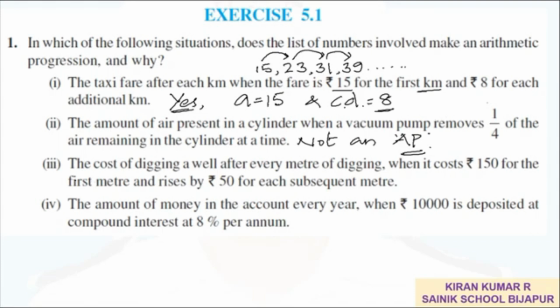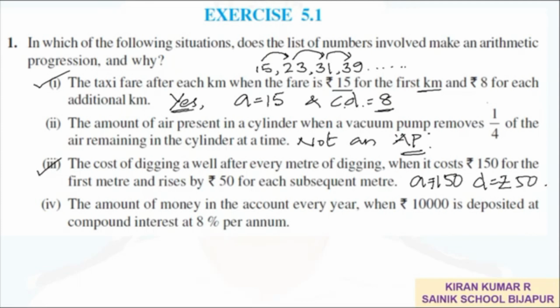Look at the third statement. The cost of digging a well after every meter of digging, when it costs rupees 150 for the first meter and rises by rupees 50 for each subsequent meter. It clearly forms an AP. The reason is, the first term I can consider as 150 and the common difference I can take as rupees 50.